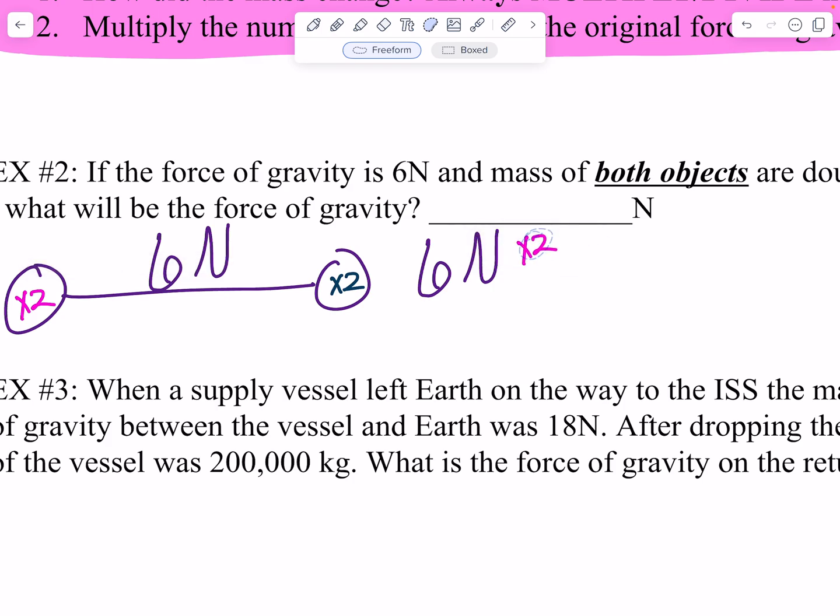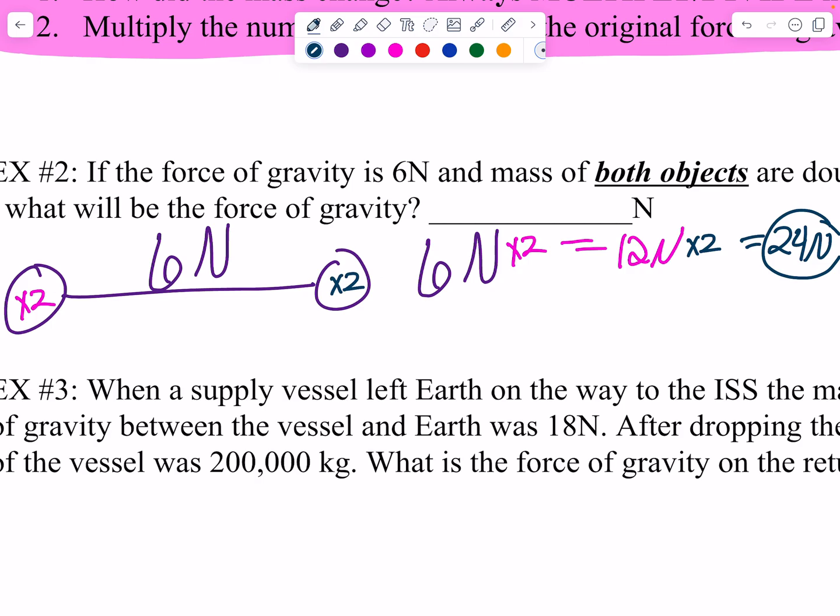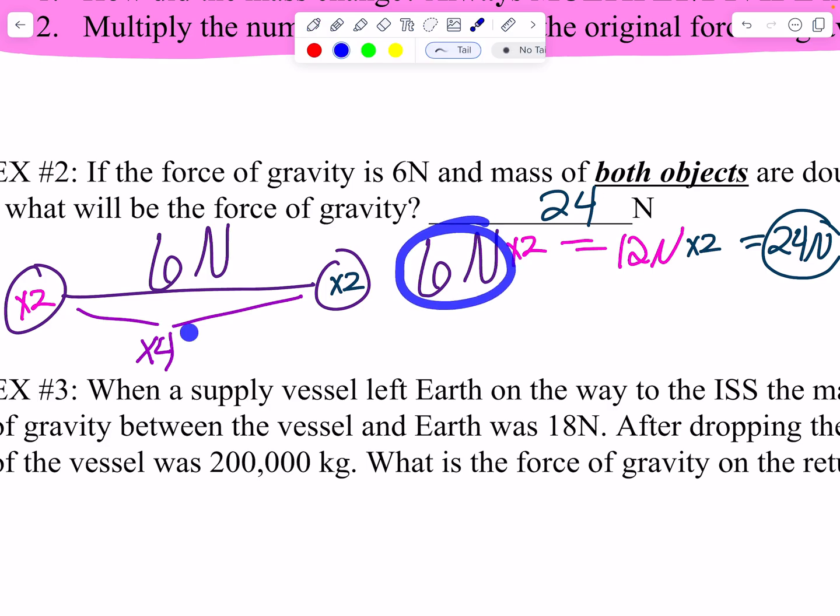For that particular image, 6 N times 2 gives me 12 N. But then I still have to change this other mass, so I'm going to do that one too. 12 N times 2, I then get 24 N. So 24 N is my total. Now you might have decided, well, 2 times 2 is actually 4, so you could have taken 6 N times 4 and gotten the same result. That's okay too.